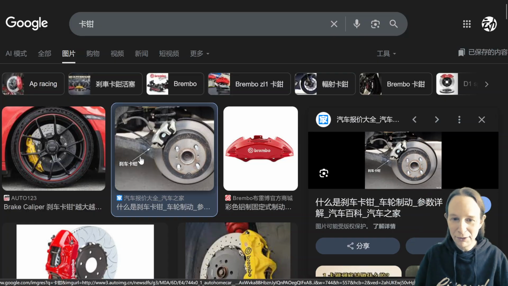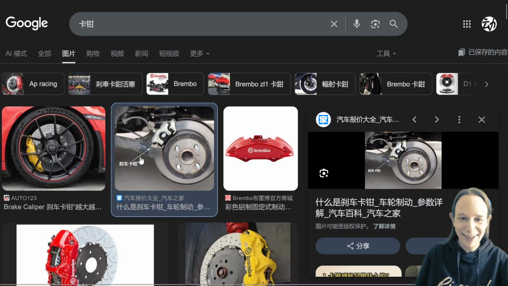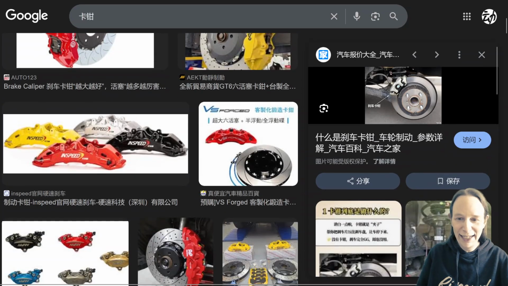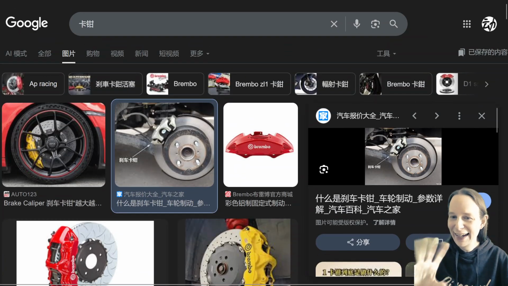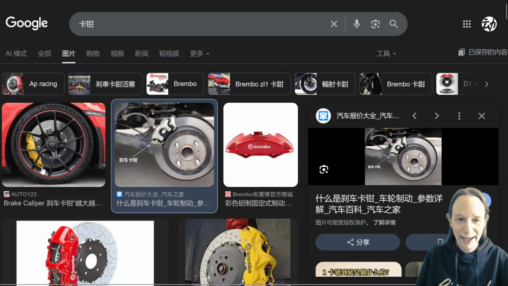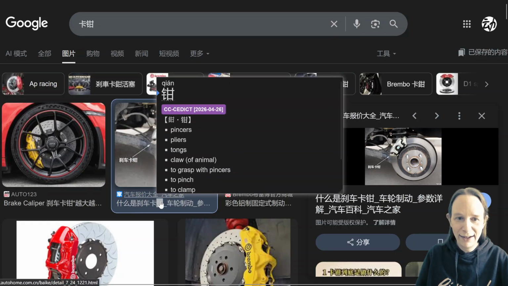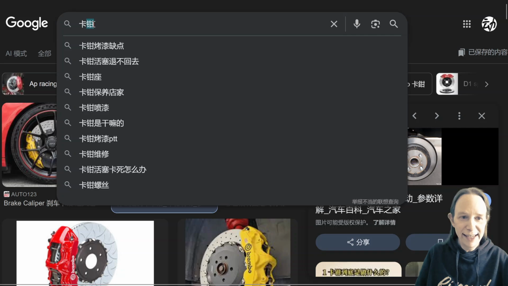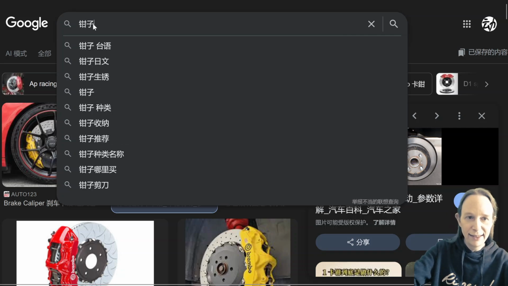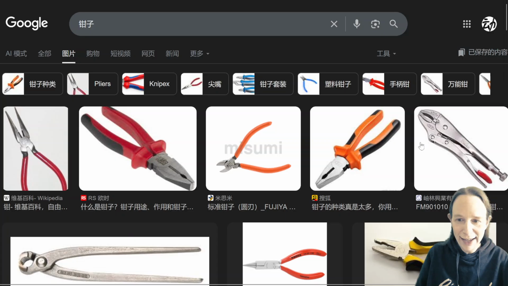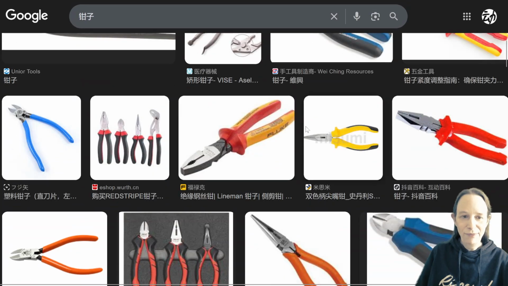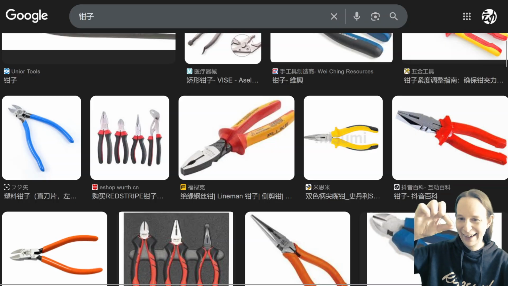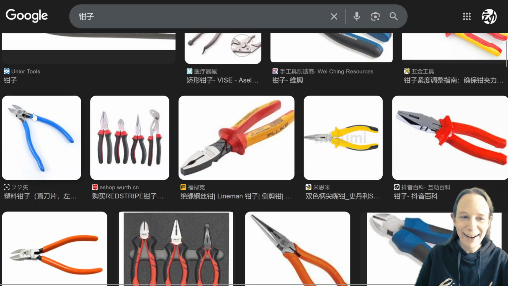They will clutch the disc, right? And stop it spinning, but it's not instantaneous. Okay. So 钱, if you don't know, 钱 is the word like pincers or pliers or something. Has that kind of functionality, right?